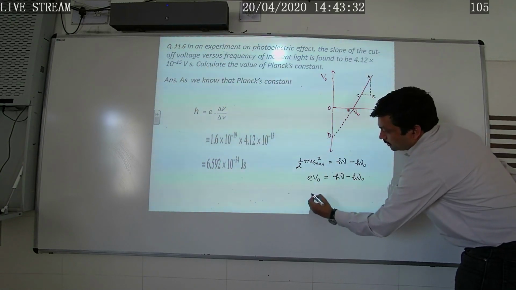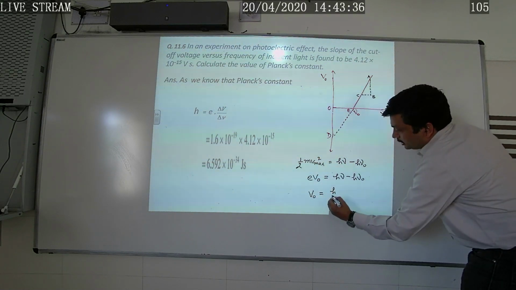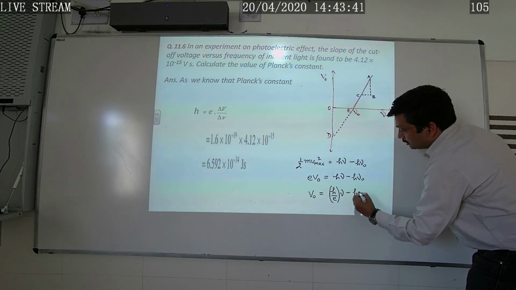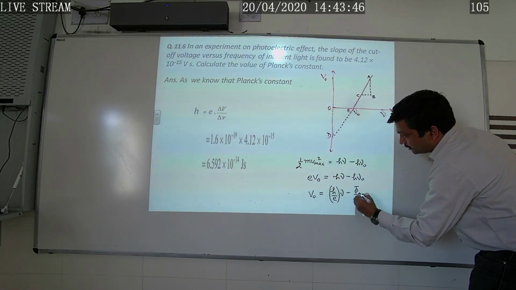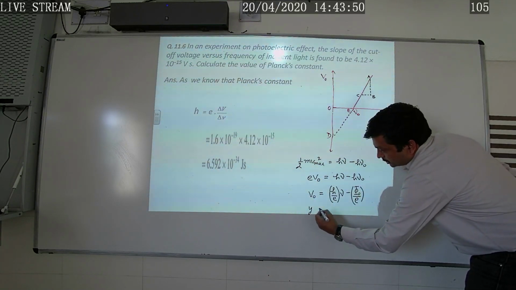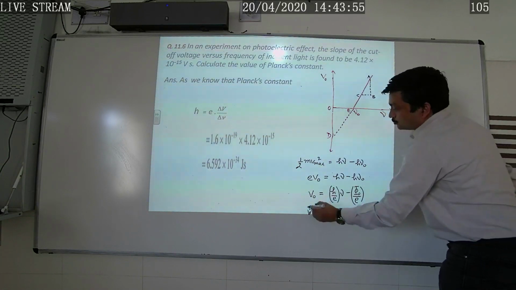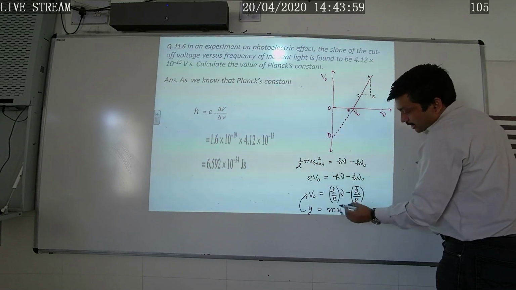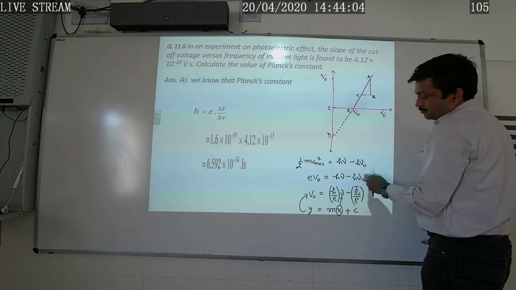So V naught is equal to h by e times nu minus h nu naught by e. This h nu naught is nothing but the work function, so we can write it as phi naught by e. While comparing this equation with the slope-intercept form, y is equal to mx plus c, along the y-axis we take the stopping potential and along the x-axis we take the frequency. Then m is equal to h by e.